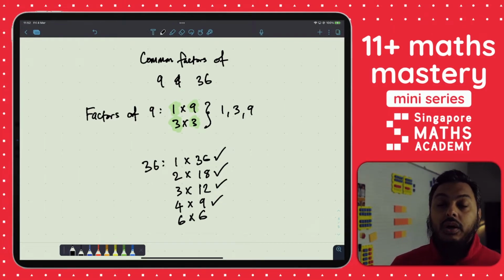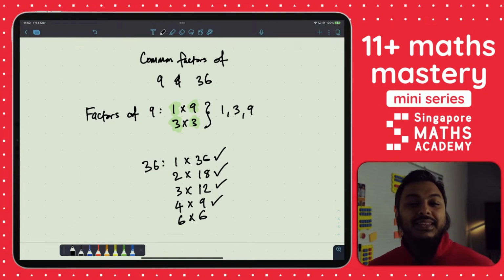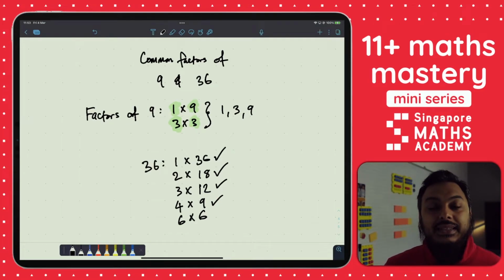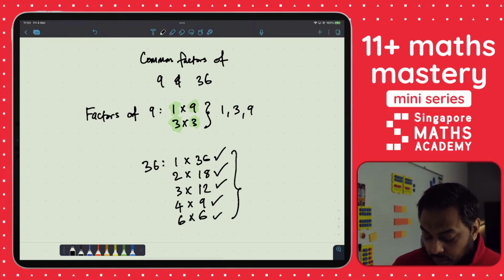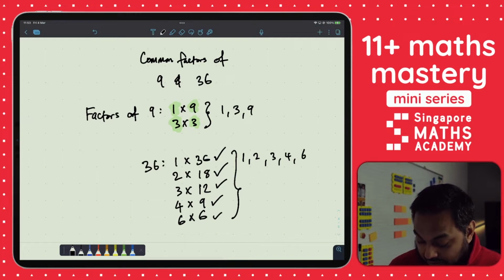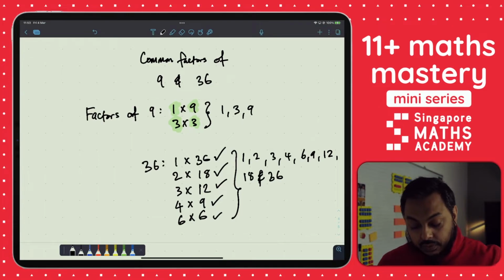So you can't multiply anything more than 18 by two or more to get 36. So therefore, we've got all of them here. So what are the factors of 36? We've got quite a few here: 1, 2, 3, 4, 6, then we've got 9, 12, 18, and 36. So these are all the factors of 36.